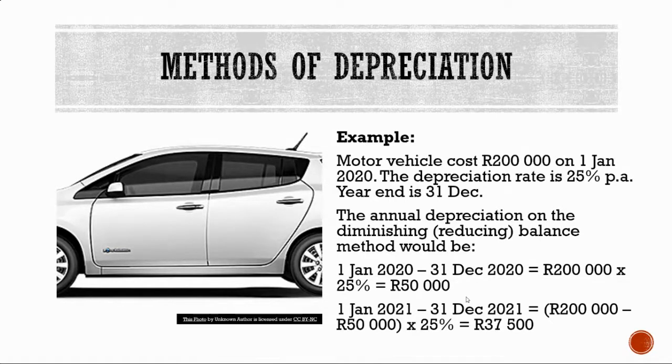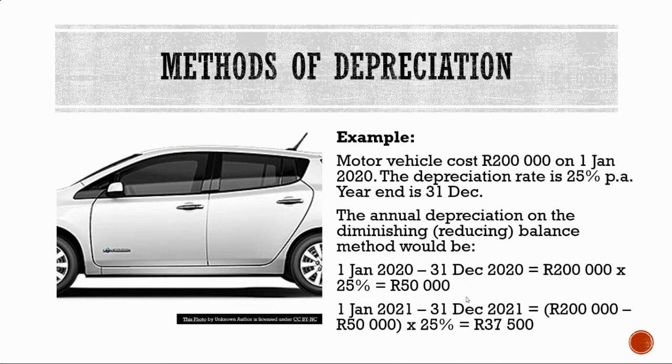So that's one of the benefits of why the straight line method is better, because SARS actually follows a straight line method, and it's easier, but it is not necessarily the most accurate method of how you're going to use the assets, whereas the diminishing balance is a better reflection of how certain assets would lose their value, which would give your shareholders a better reflection of how your assets values are decreasing over a period of time.